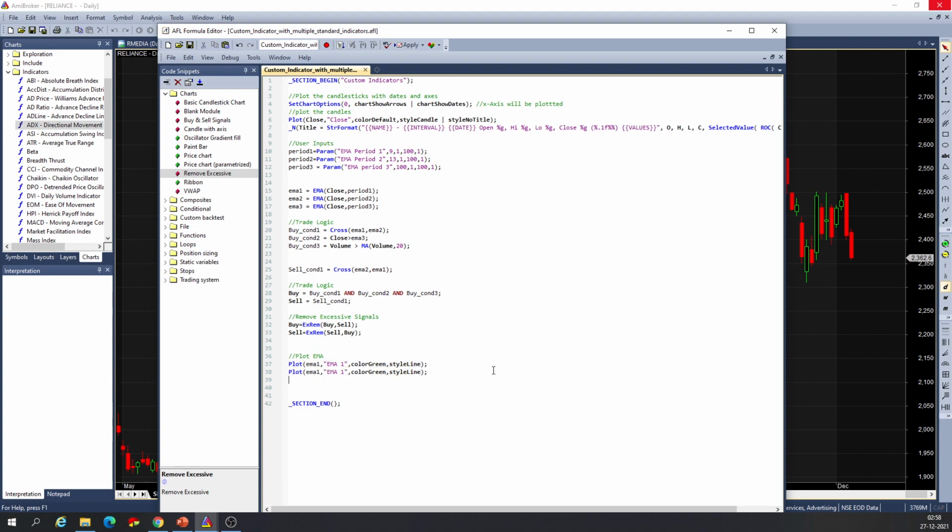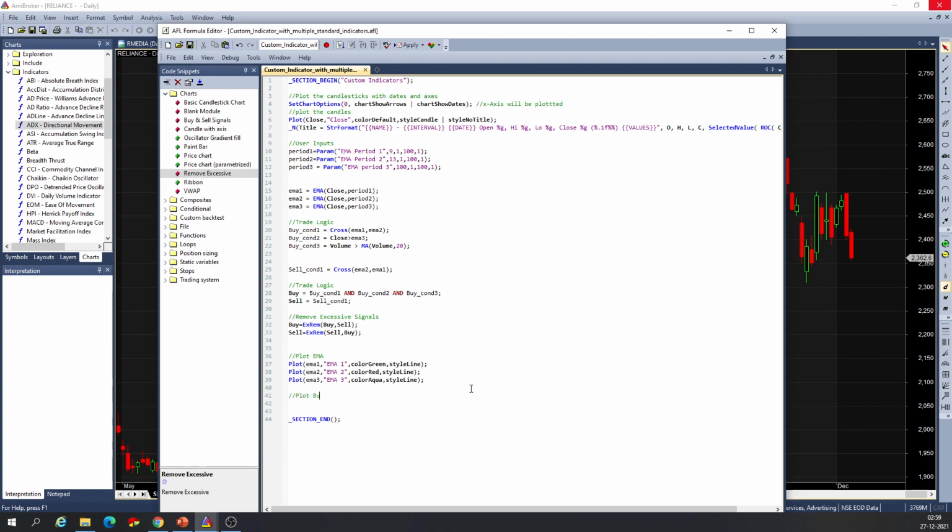The same thing will repeat for the next 2 EMAs. So this is EMA2. We will give it a color of red, and for the 100 period we will give color aqua. So now we have plotted the 3 EMAs.